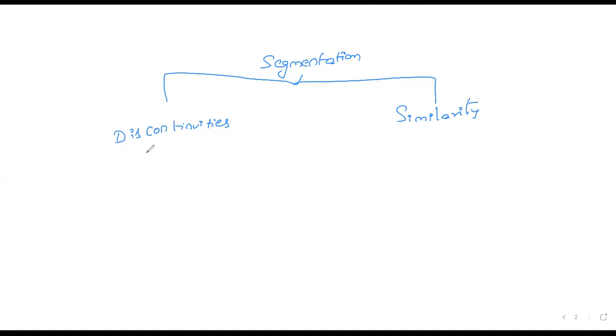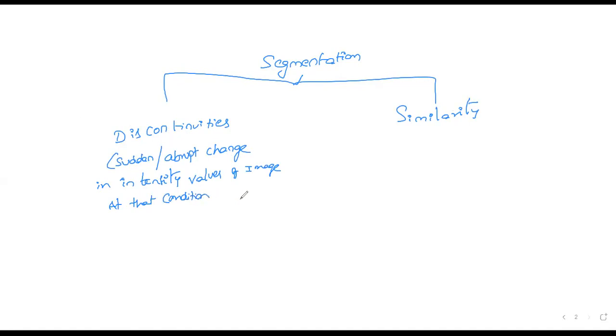Discontinuity based means if there is a sudden or abrupt change in intensity values of the image, at that condition we partition the image.